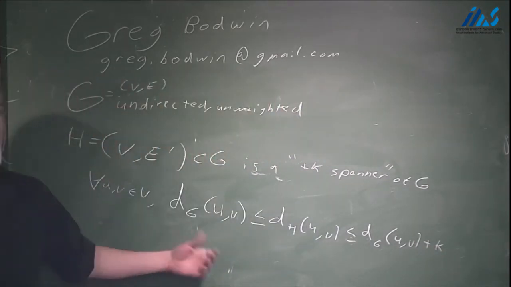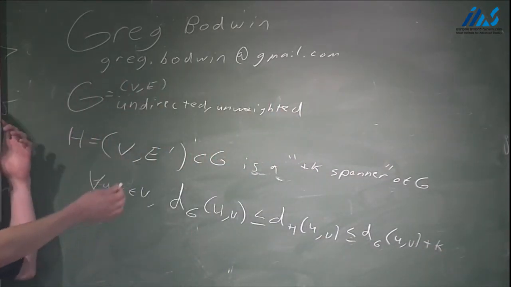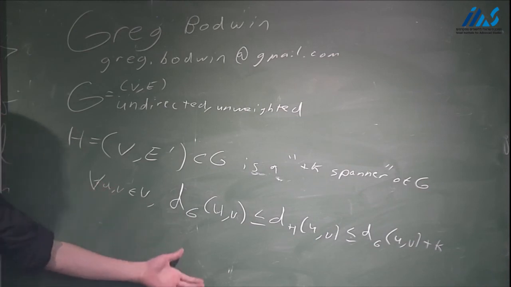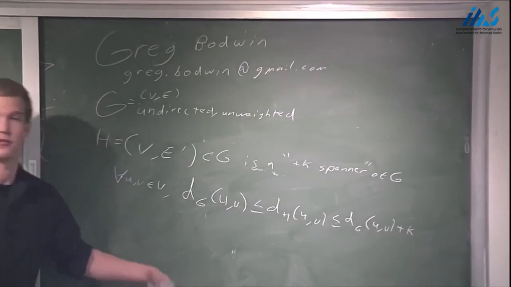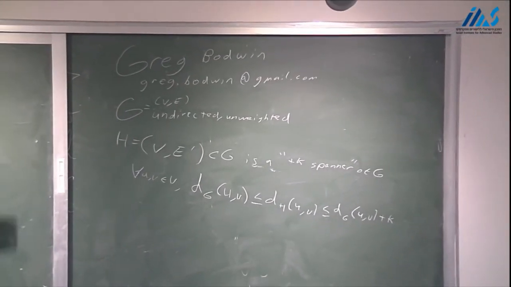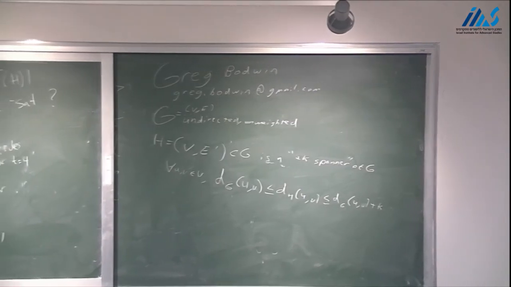The distance between every pair of nodes in G is preserved in H up to some small additive constant K. That's the condition that we need for H to be a plus K spanner of G. Sometimes people think about the non-constant case, but the problem that I'm going to tell you about will just assume that K is a constant.